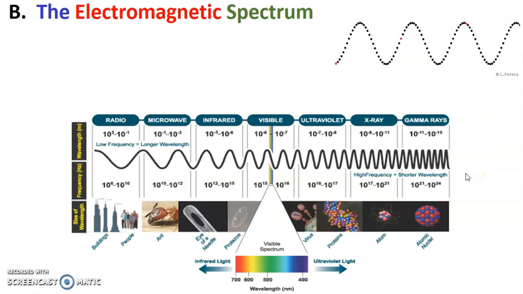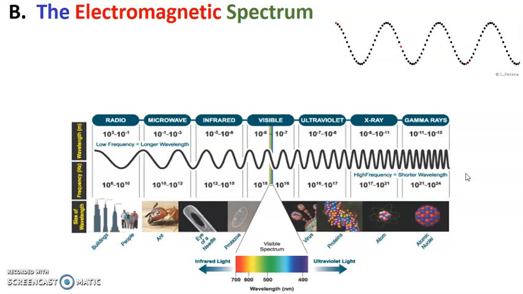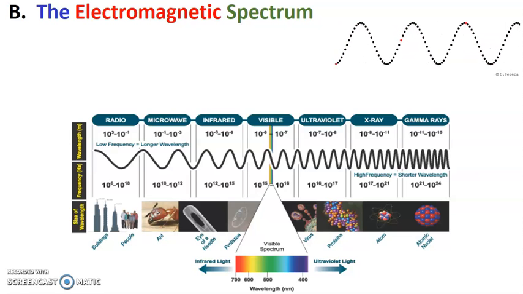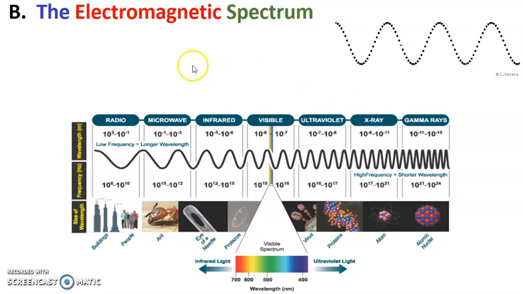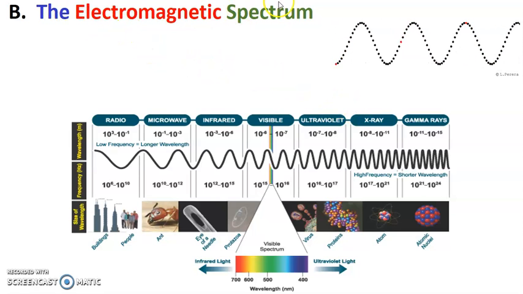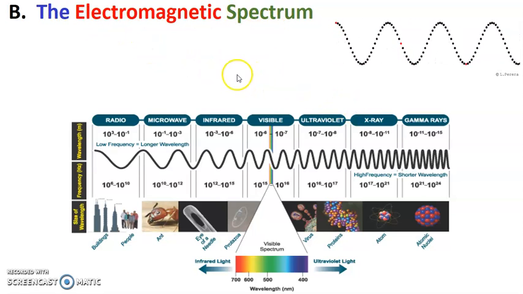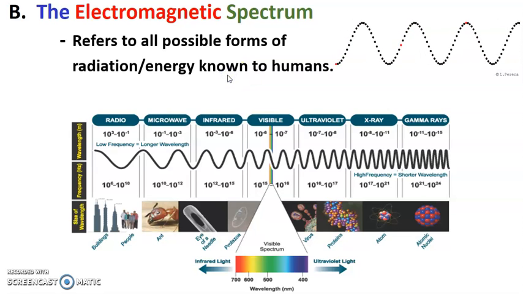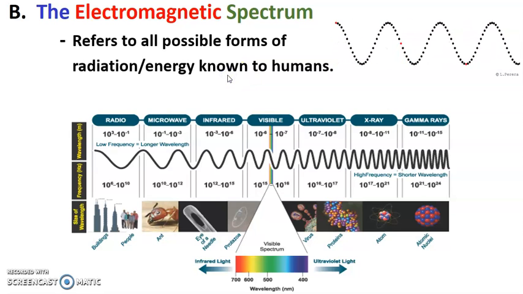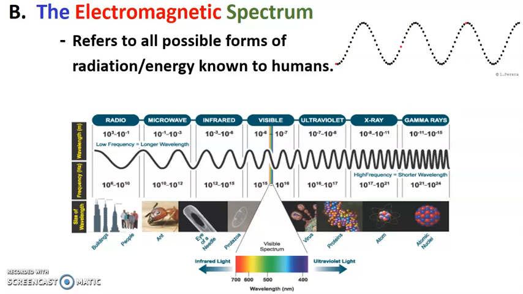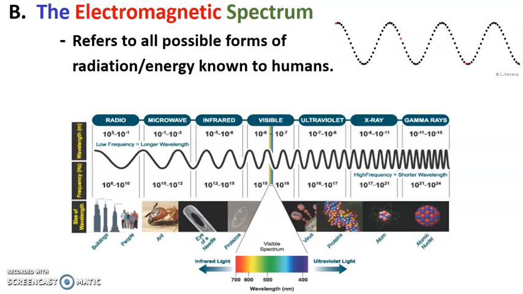Now, we need light energy, right? So what is light? Light is one of many forms of energy that we find along what is referred to as the electromagnetic spectrum, which is all possible forms of energy or radiation that are currently known to humans.